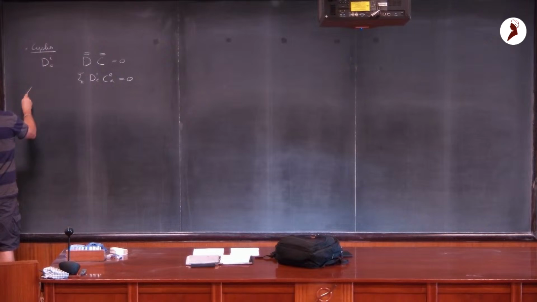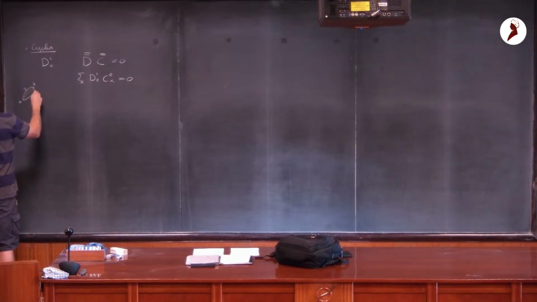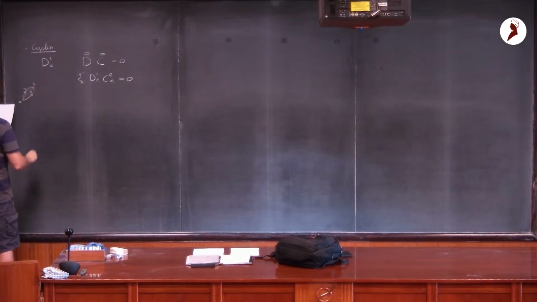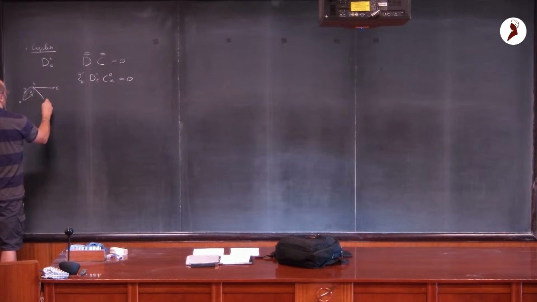So let's take an example. It's also going to be an example of how to construct the incidence matrix, and I think it's useful to do it once. So I will call this edge 2, this edge 1, nodes C, D, like this.